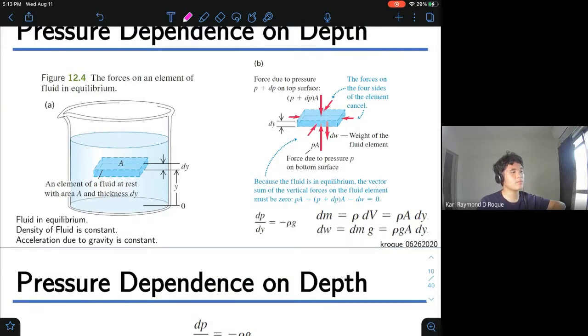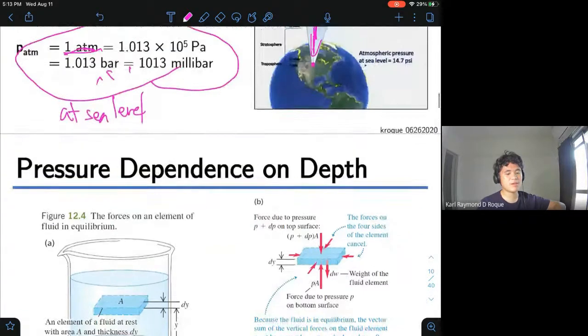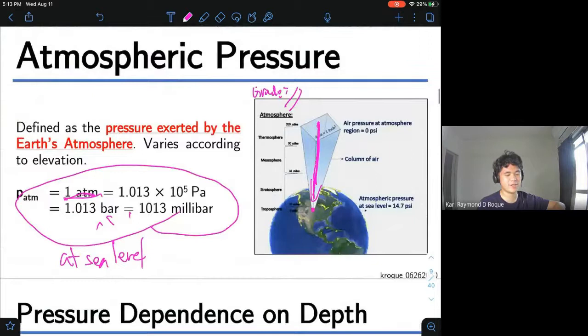Also, remember, you might get confused about the definition of force and pressure.